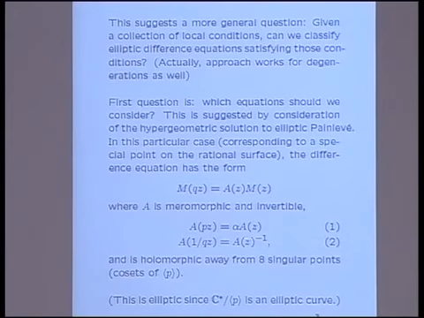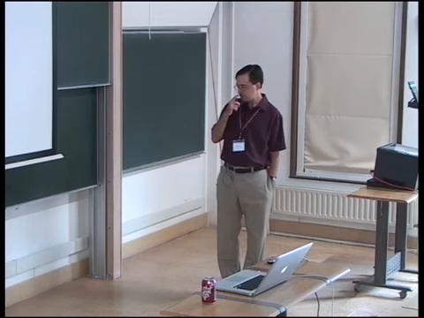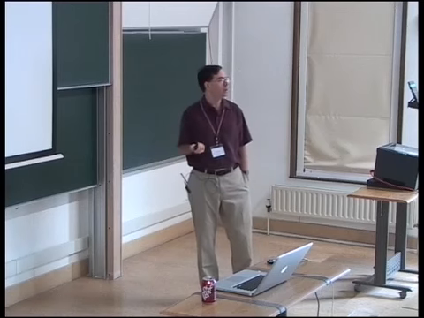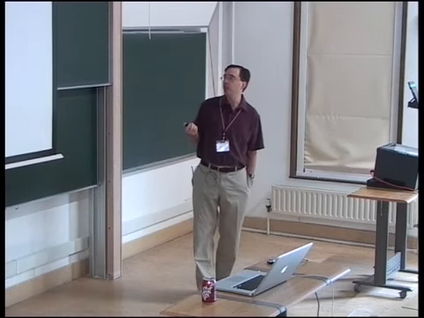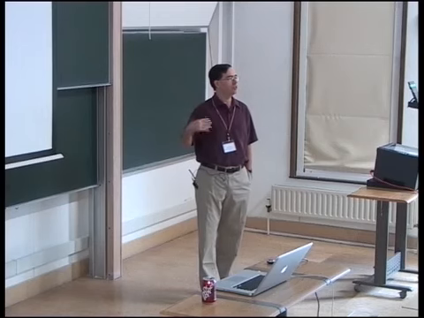So if you shift by P, there's some scalar, but basically it's elliptic. And secondly, you have this symmetry property, which, if you think about it a little bit, is just the consistency condition you need in order for there to be a solution M to this equation which is invariant under Z goes to 1 over Z.